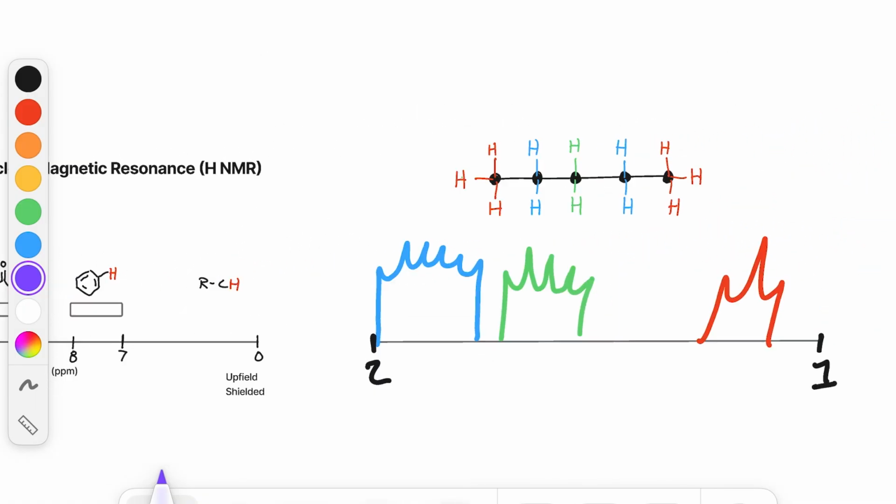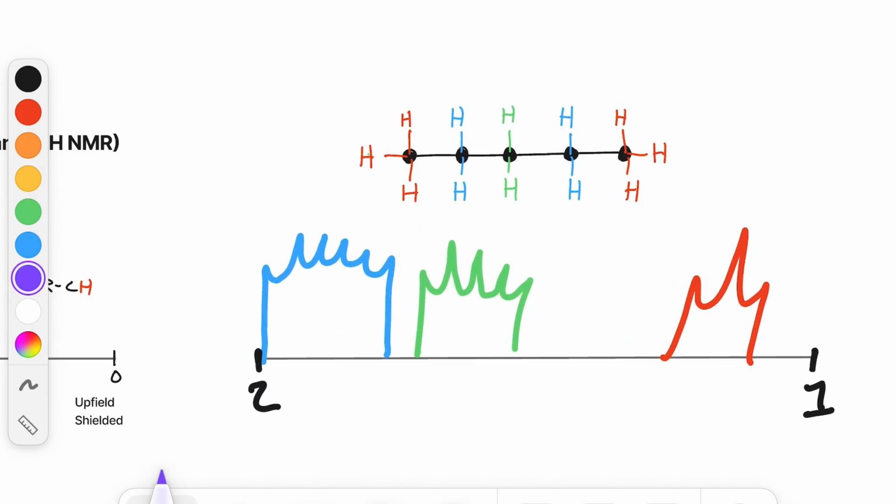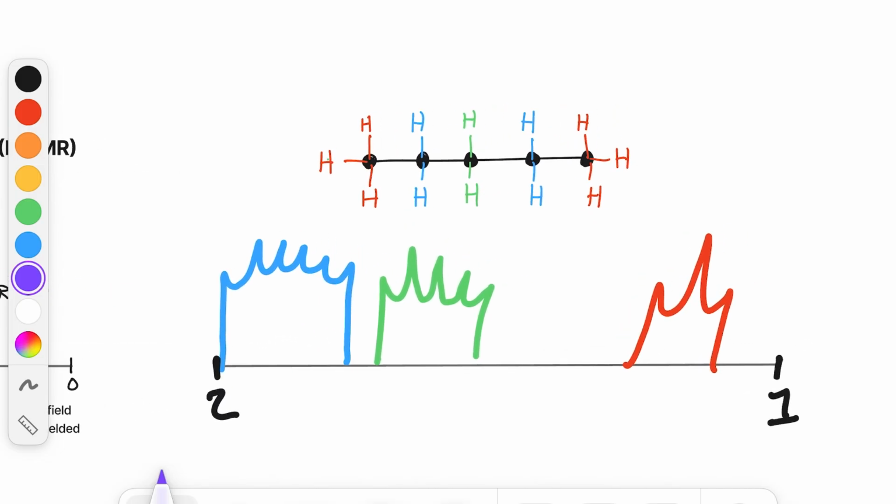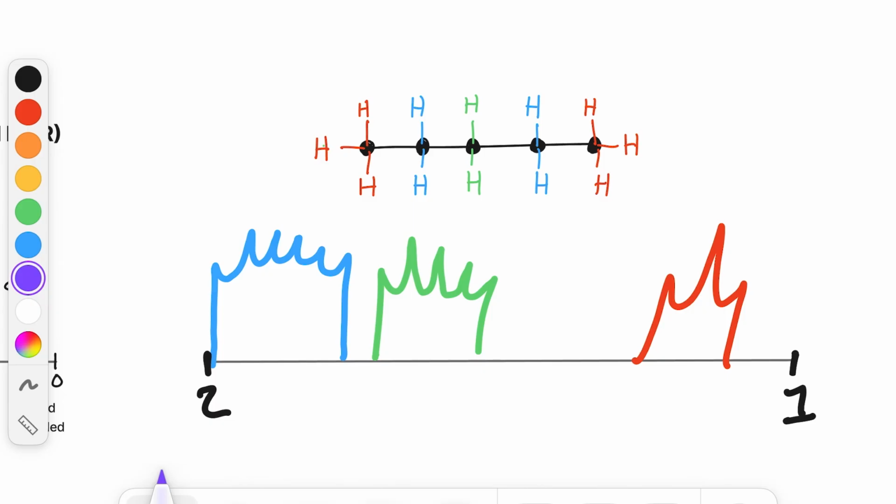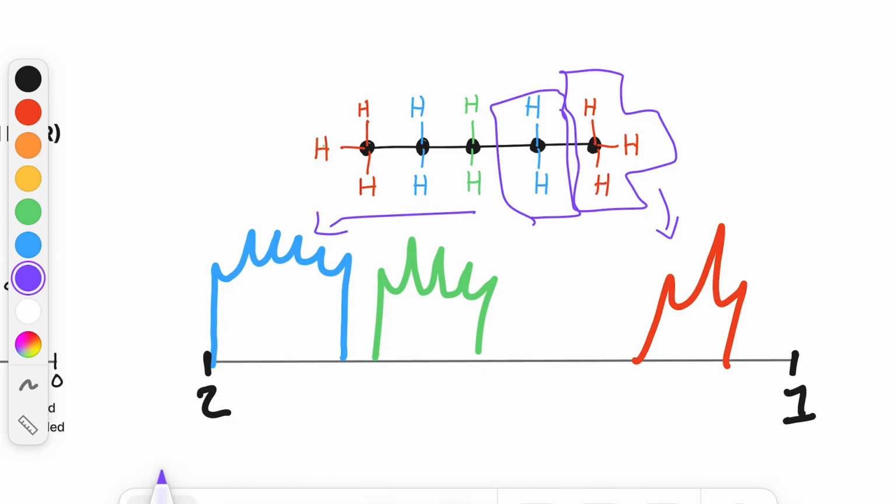So let's look at the actual signals now and how this works. We have a lot of spikes here, and we have this example molecule up top. Once again, we want to focus on the hydrogens. The hydrogens give off signals. This red group of hydrogens is giving off the red signal, the blue group of hydrogens the blue signal, and the green group of hydrogens the green signal.